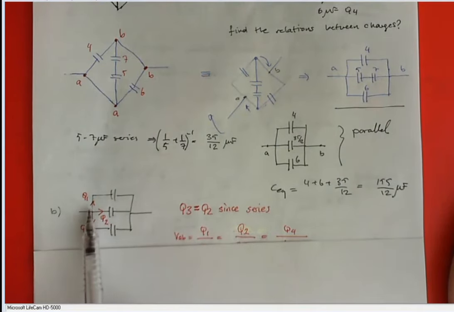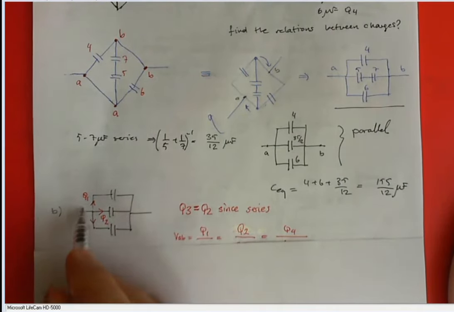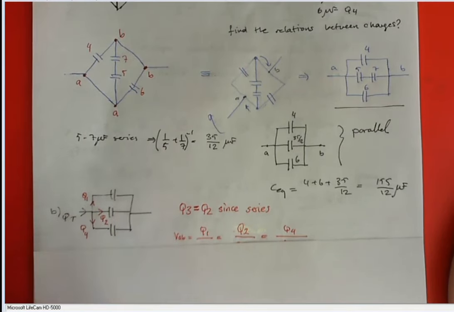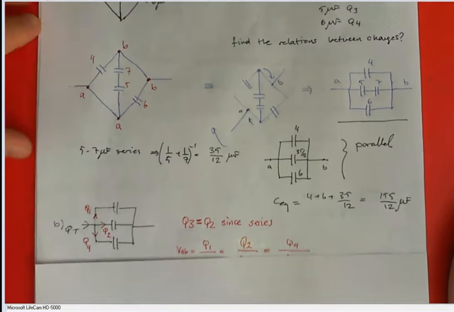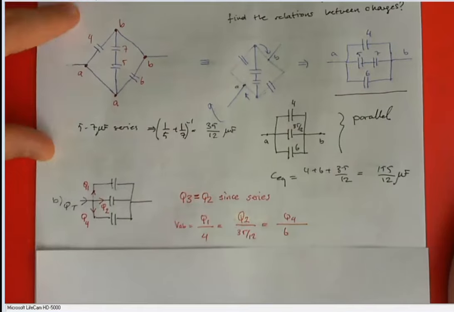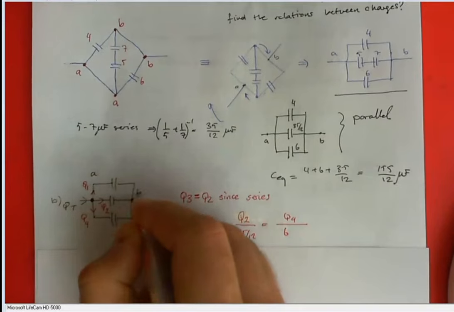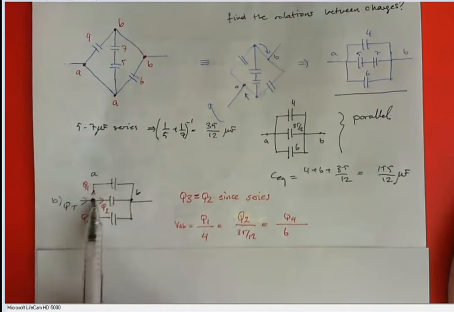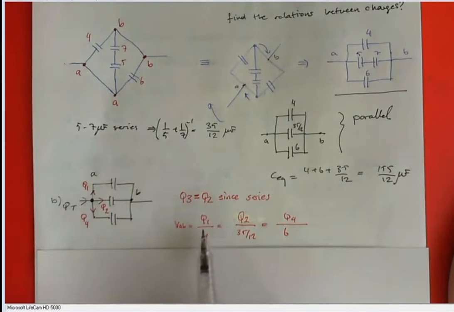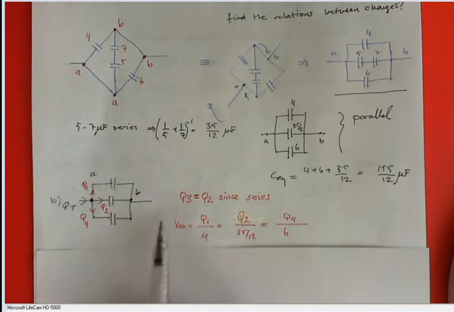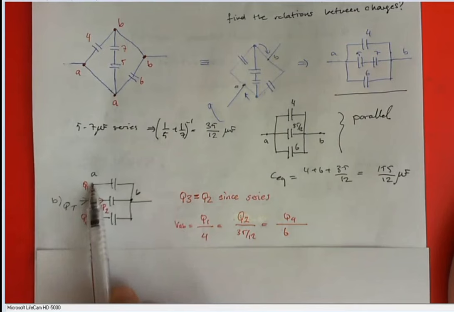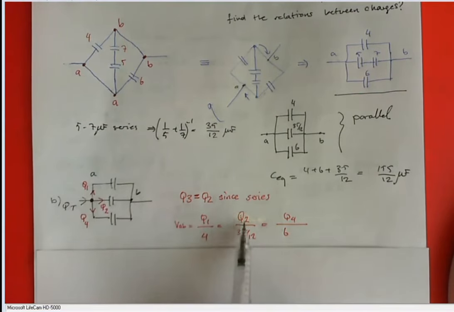So the total charge Q is coming from here, and it's divided into 3. All right. Since this is point A and that is point B, the potential is the same across all of them, and the charge is shared according to that potential and the capacity. So VAB for this one is Q1 over 4 microfarad.